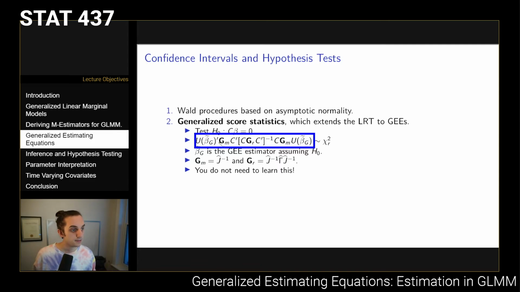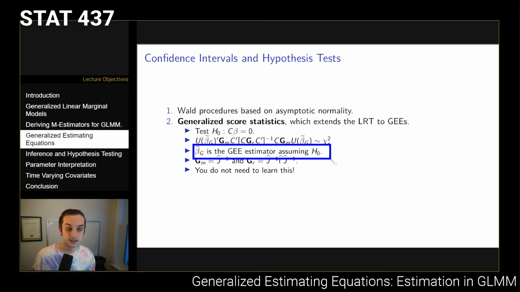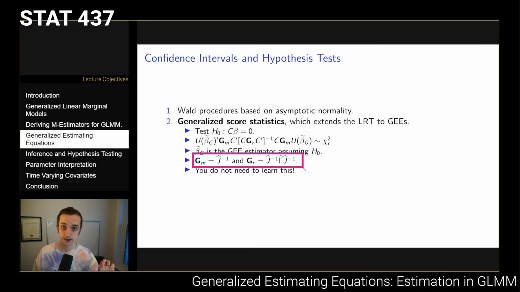And then you multiply it by some matrices, and then you multiply it by the estimating equation evaluated again. And under the null hypothesis, this is going to be a chi-squared R distribution, right? So here, for this form, beta tilde G is the GEE estimator, assuming that the null hypothesis is correct. And these two matrices are actually just those asymptotic variance matrices we were just talking about, right?